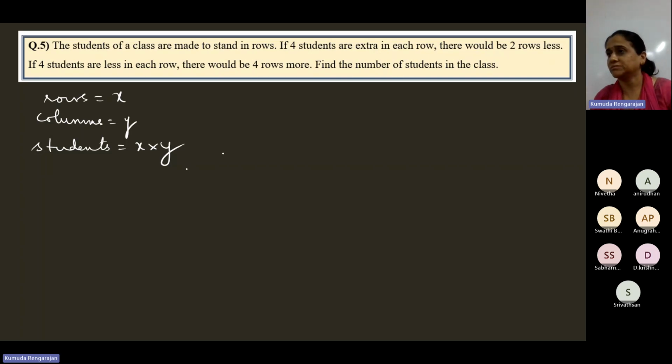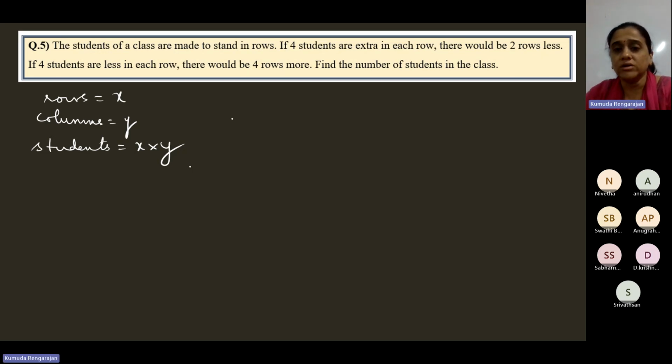This is the equation. To construct the equation, this is the rule we have to use: number of rows into number of students in each row is equal to the total number of students.